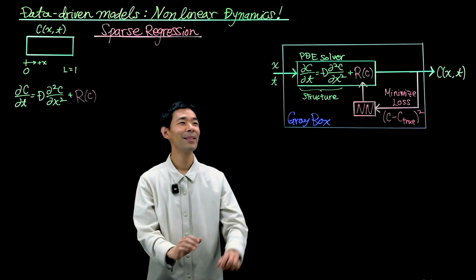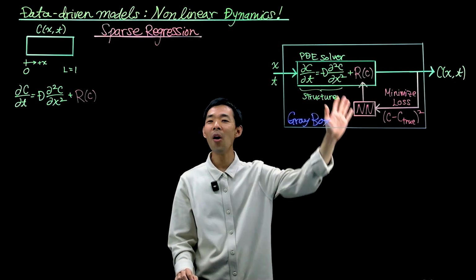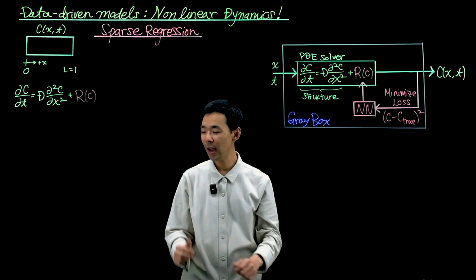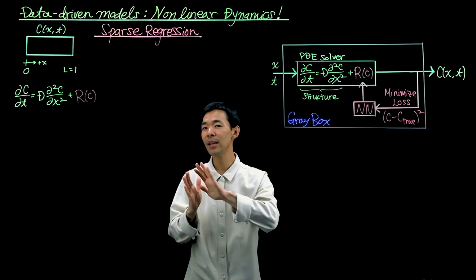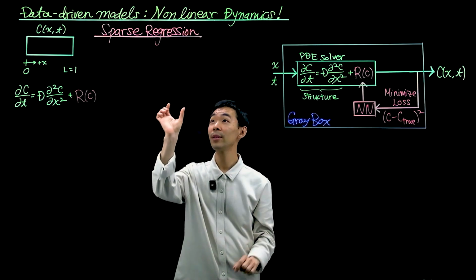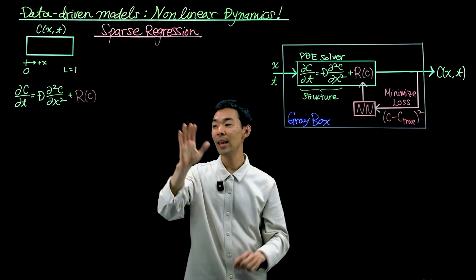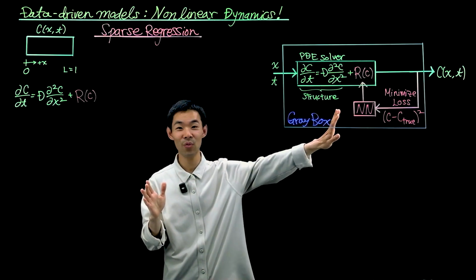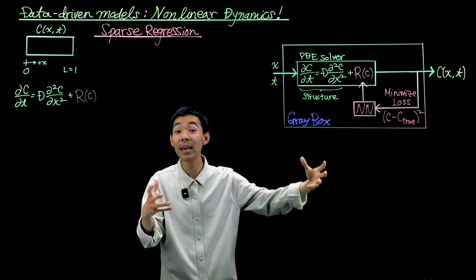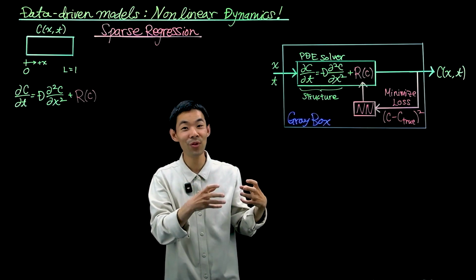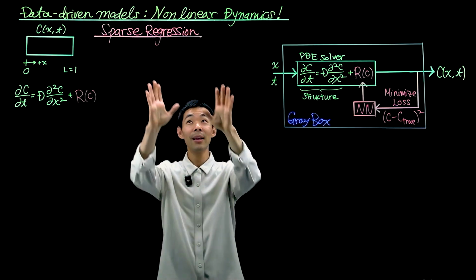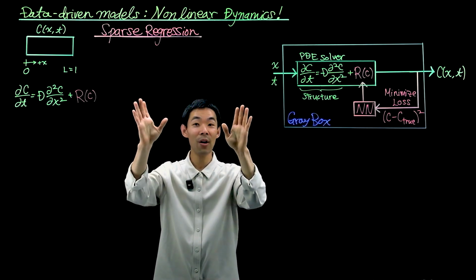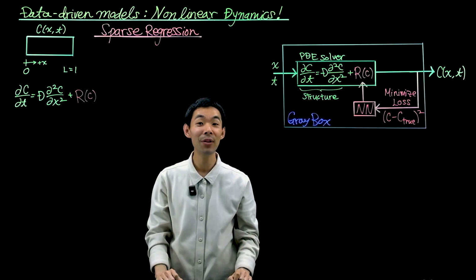But for today, let's forget all about machine learning, AI, neural networks, because it doesn't involve any of those. Sparse regression techniques can be used independently by themselves with nothing to do with neural networks and machine learning. It can be used together, and I will show you that a little bit later, but sparse regression in and of itself uses the power of linear algebra.